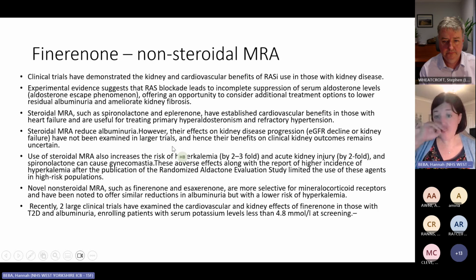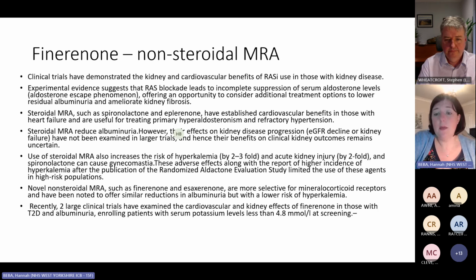However, its effects on kidney disease progression haven't been examined in larger trials. So we just need to be aware of that. It does increase the risk of hyperkalemia, and this is the bit that everybody's going to get a bit nervous about. And so we need to work with the guidance that's been given. The summary of product characteristics is very robust.